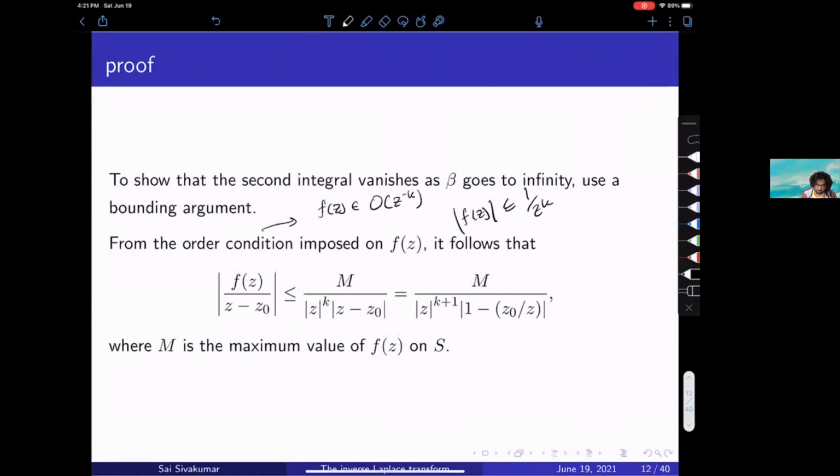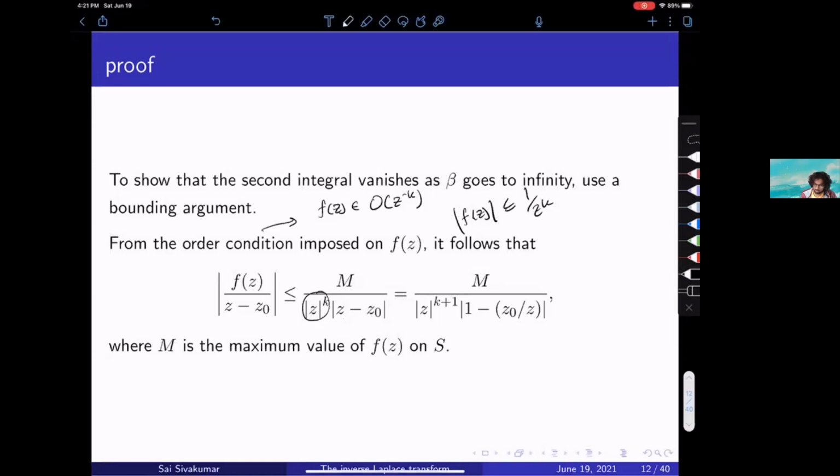So f of z on S is going to attain some maximum value, whatever it is, just call it M. And then we're going to add on that z to the k, which will be reflected here. And then the absolute value of z minus z naught is over here. And so from this absolute value, we're going to pull out a z.